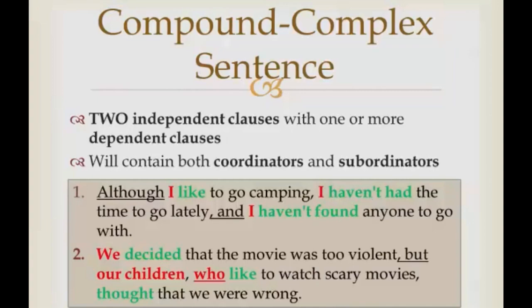So you can see that the two independent clauses have been joined by the coordinator and preceded by a comma, and the dependent clause starts with the subordinator although, after which of course you must have a comma. Now what about example number 2? Can you guess which ones are independent and dependent clauses?